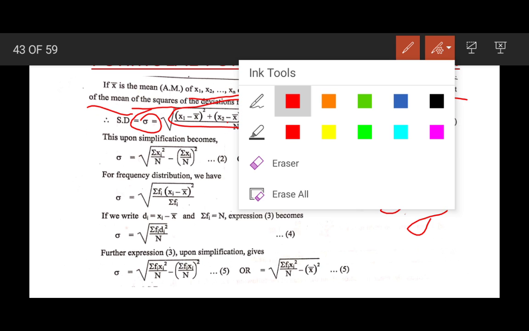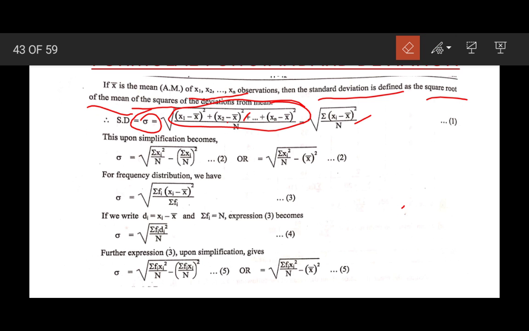We can also write this formula as sigma is equal to root of summation xi square upon n minus summation xi upon n whole square. That means summation xi square upon n minus x bar square.